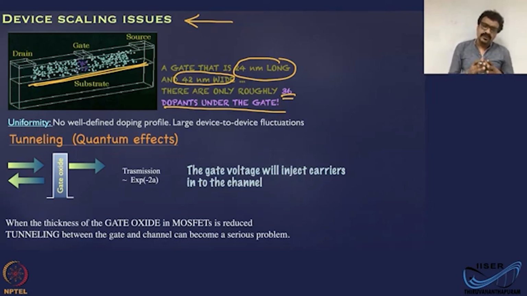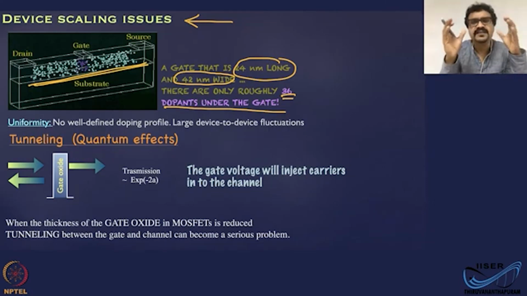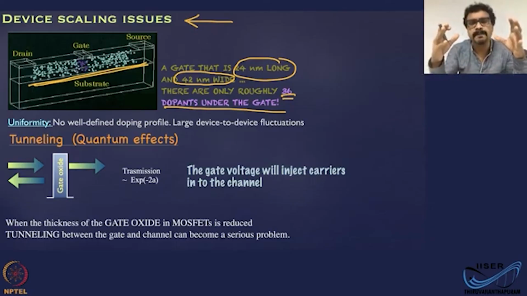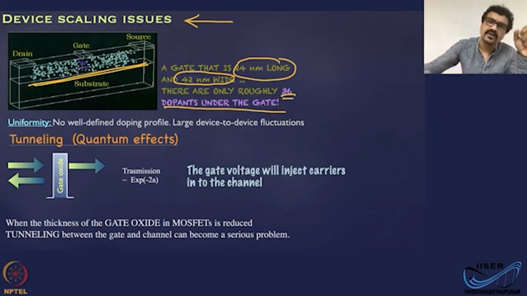Now remember that these wafers or these chips consist of billions and billions of transistors, and it is not very easy to maintain uniformity over the entire area where the number of dopants is the same pretty much everywhere.